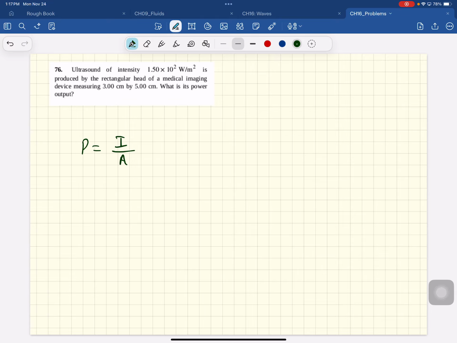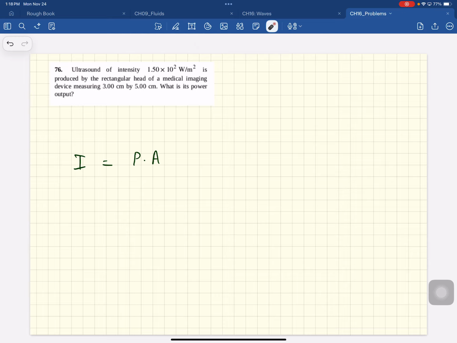Okay. Intensity is the energy. No. Intensity is power times area. Okay. Intensity is the energy emitted per second. Okay, intensity is the energy reaching you per second.